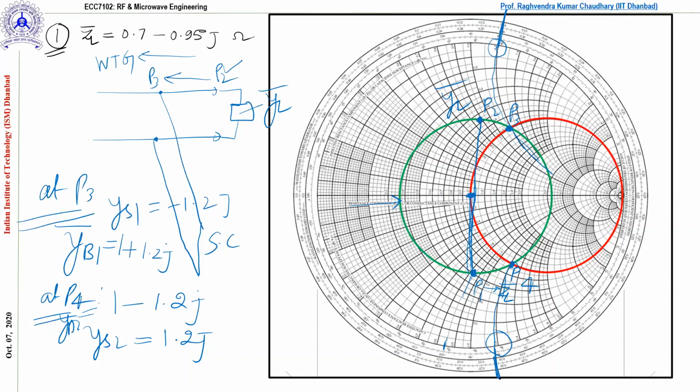Similarly, all the points you have to read. If you extend, it will be like this, and this is like this. So all scales you're supposed to read: 1, 2, 3. Fine.